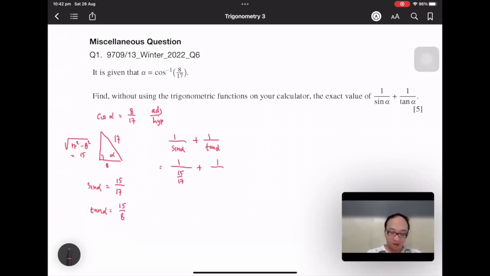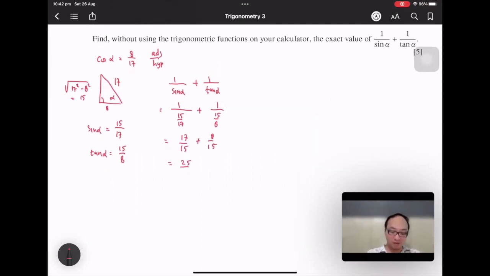So 1 over 15 over 8. So it equals 17 over 15 plus 8 over 15, equals 25 over 15, or we can simplify it as 5 over 3, or 1 and 2 over 3. Yeah, it should be exact, so we can express it as a fraction.